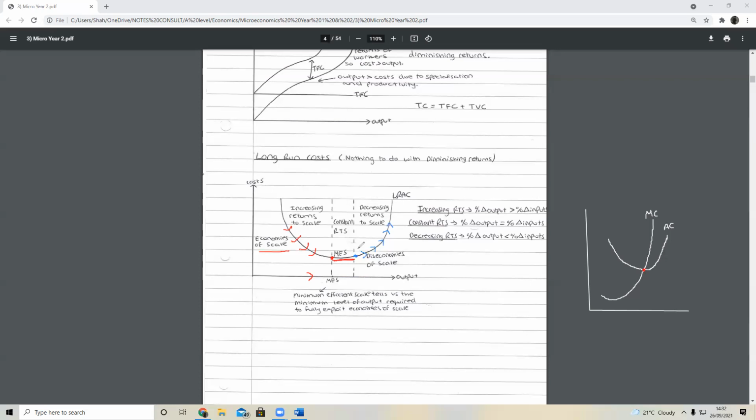This business has been producing so much that they've exhausted their economies of scale and their constant returns to scale, and now they're experiencing decreasing returns to scale, whereby it's not beneficial to produce any more, because you're just increasing your costs. Your percentage change in output is less than your percentage change in inputs. This is diseconomies of scale, or decreasing returns to scale. And this is a long run cost curve. This is what can happen in the long run.